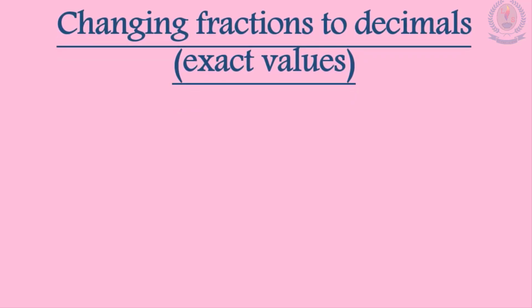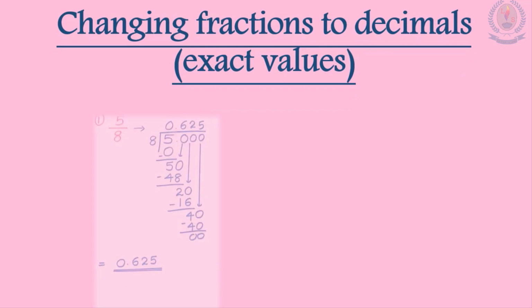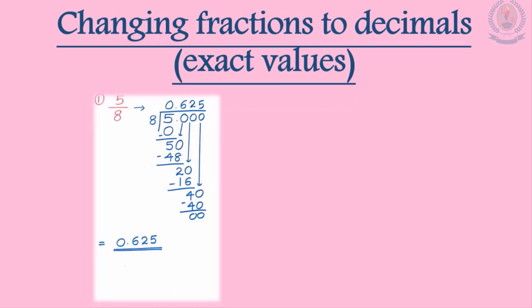Okay, last subtopic for this first part, changing fractions to decimals, that means exact value, right? Here we are going to convert or change fractions to decimals. In this case you have to remember that if you have to convert a fraction to a decimal, you have to divide the numerator by the denominator.